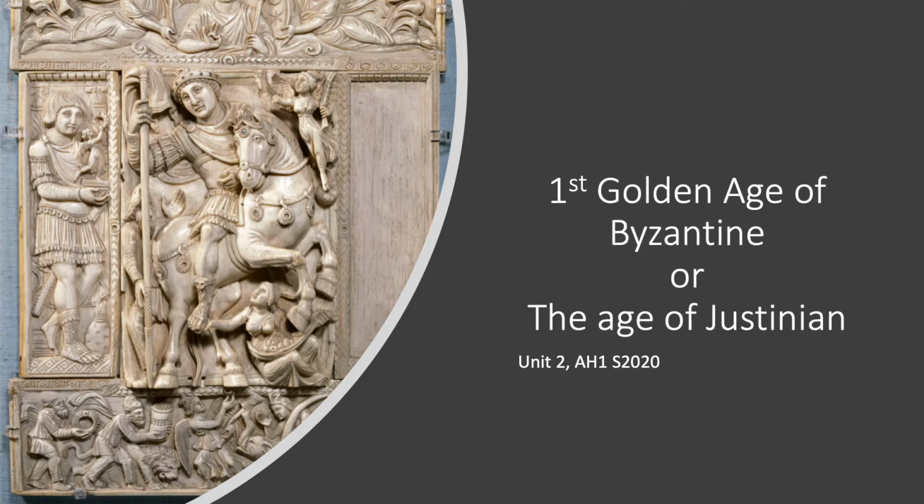And there becomes a great renovation in art, and monasticism becomes a driving force in restoring art in general. There is a monk named Basil I, and he regards himself as the restorer of Byzantium. So that kind of gives you an overview of what we're going to cover in the first golden age of Byzantine and the second golden age of Byzantine.